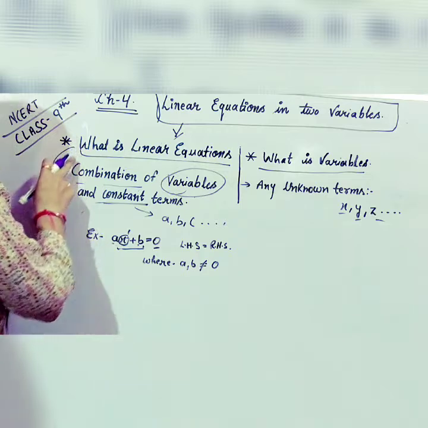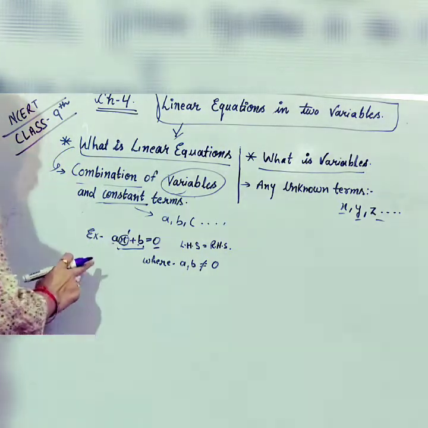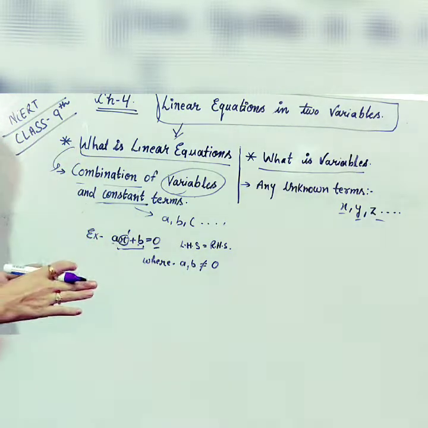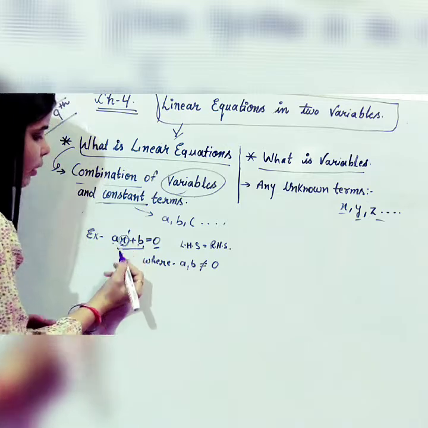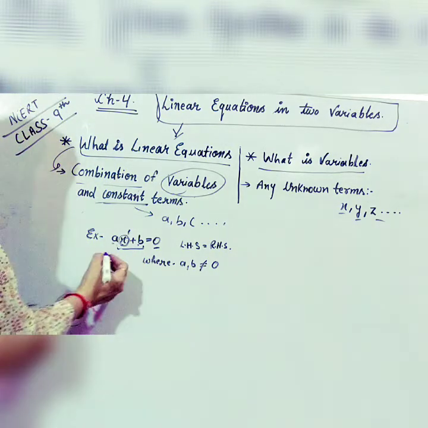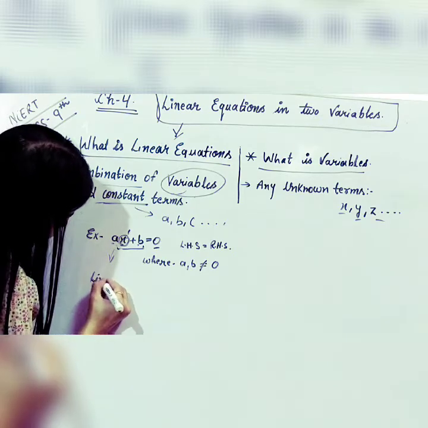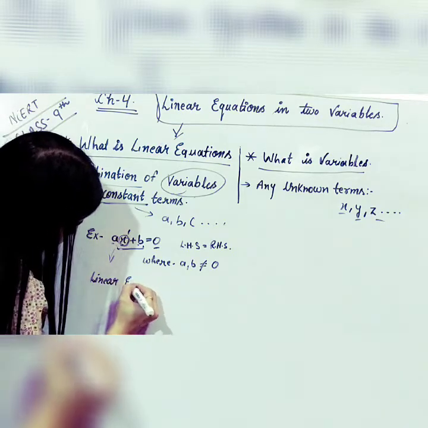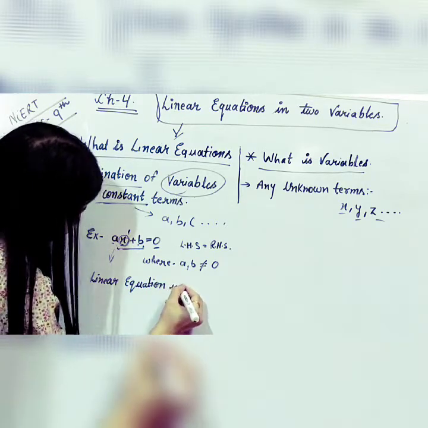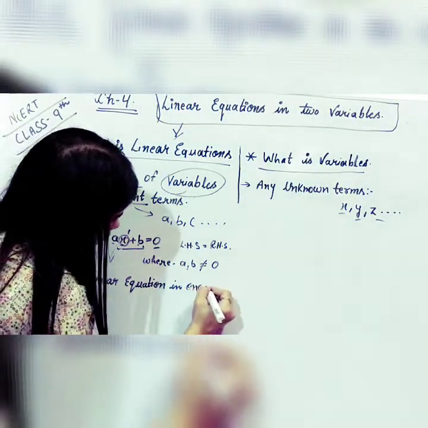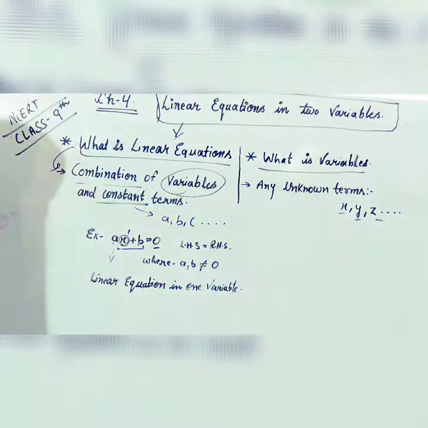This is the definition of a linear equation in one variable, and here the variable is 1, so we can say this is a linear equation in one variable.